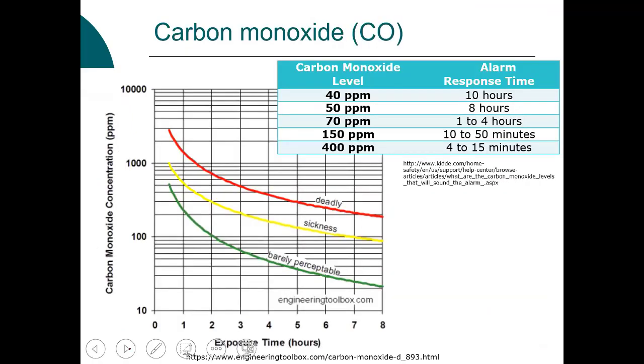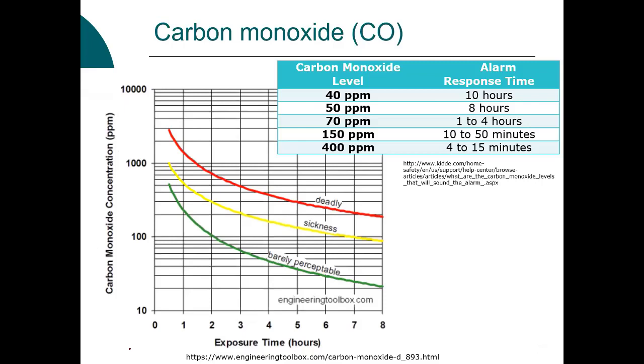We can also look at carbon monoxide. This is a plot showing the carbon monoxide concentrations versus exposure time. So you can see, and notice this is a semi-log plot.